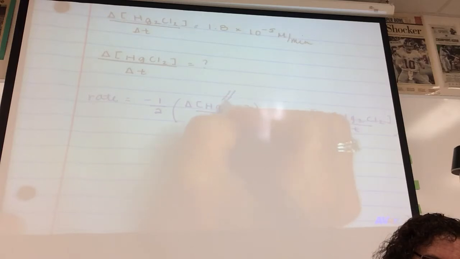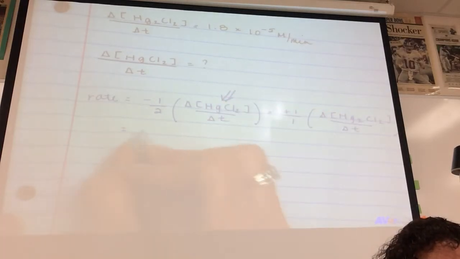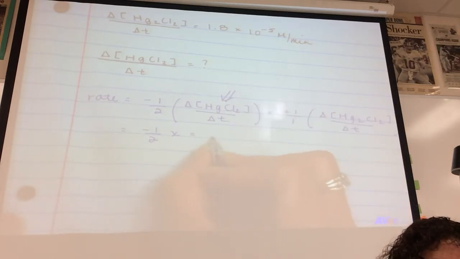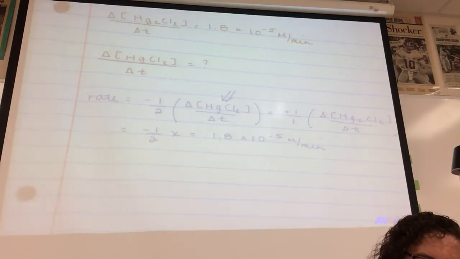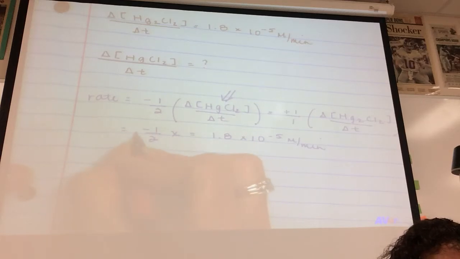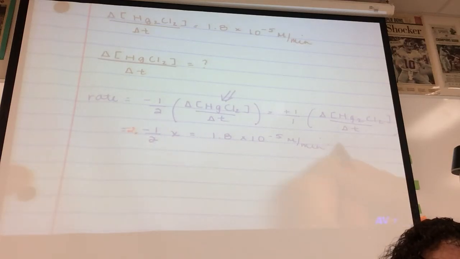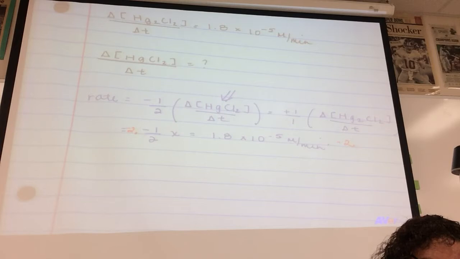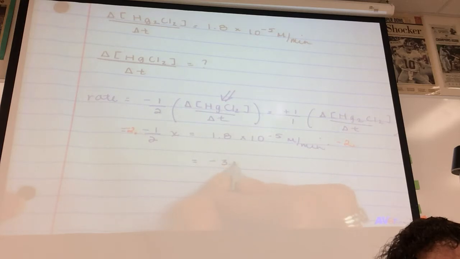We're looking for this piece. We have -1/2, I'm going to call this x, is equal to 1.8 times 10 to the negative 5 molar per minute. I'm then going to multiply both sides times -2, just like you learned in pre-algebra. And what you have then is -3.6 times 10 to the negative 5 molar per minute.